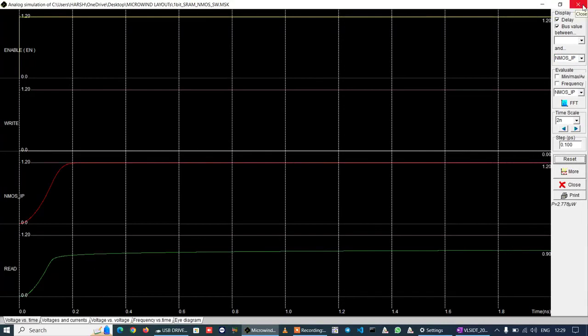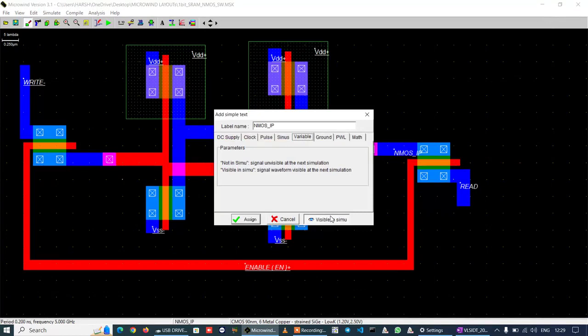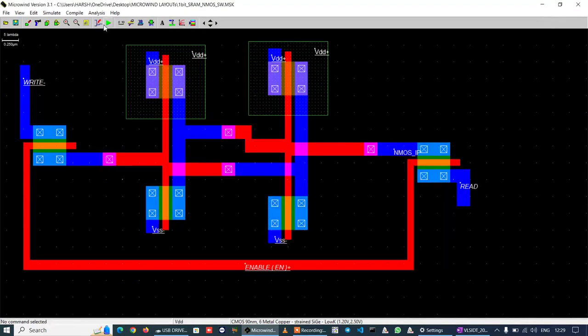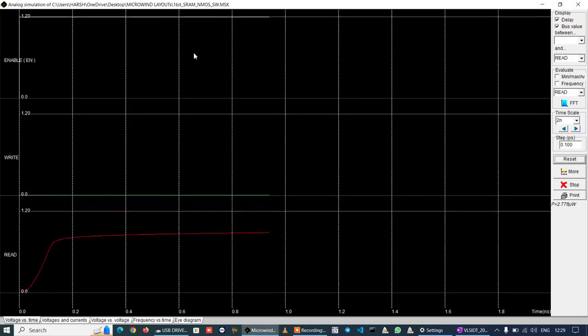We will remove the visibility of NMOS input. So enable equal to 1, write equal to logic 0, read equal to weak 1.